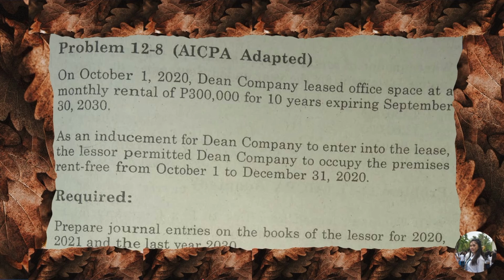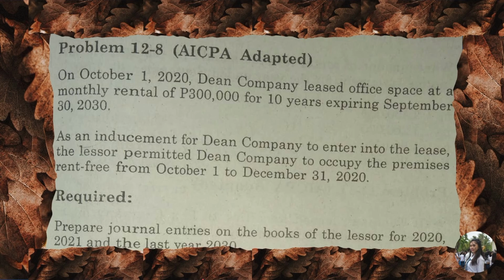Okay, so in this scenario, Dean Company leased an office space. It started on October 1, 2020, with a monthly rental of 300,000 for 10 years. Since it is 10 years, it will expire on September 30, 2030.